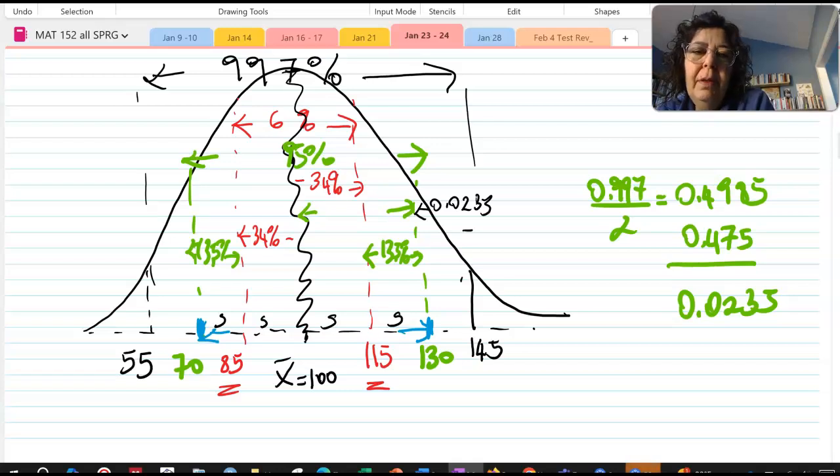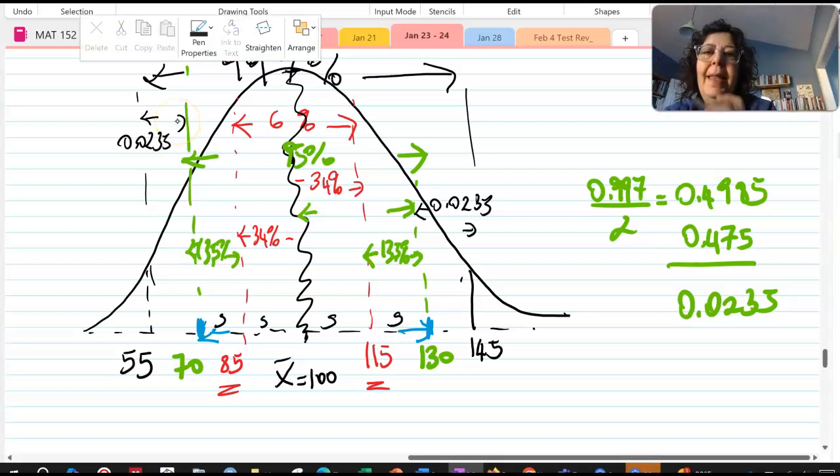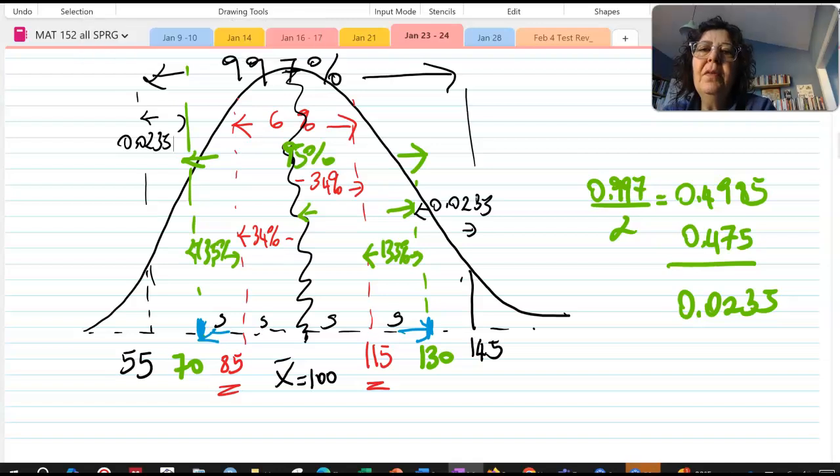And that will be the same slice here, 0.0235.